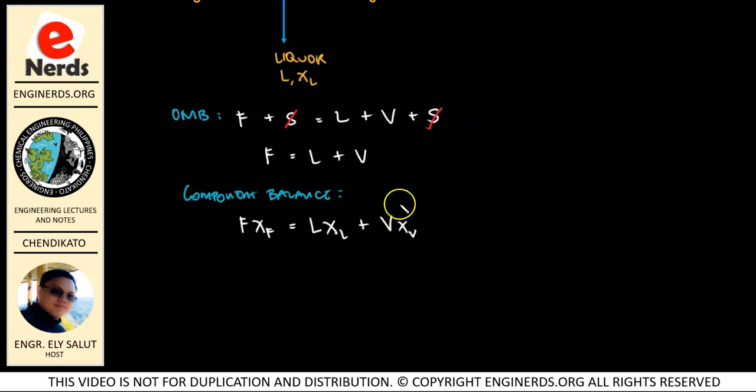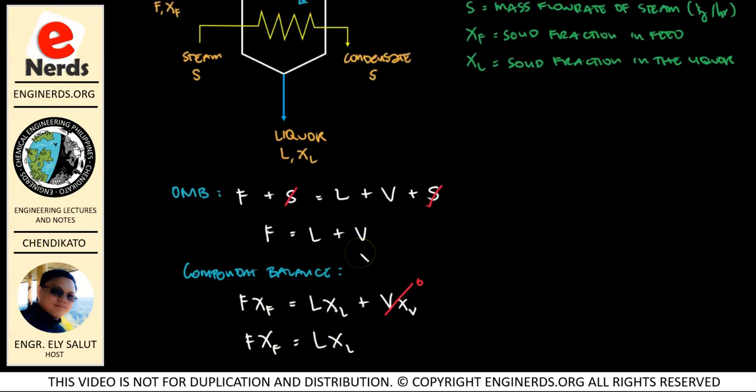And we know that we do not have solid sa ating vapor, so this will be equal to 0. Okay, so our component balance here will be F XF, which is equal to L XL. Okay, so yan yung na-derive natin sa ating previous video, no?